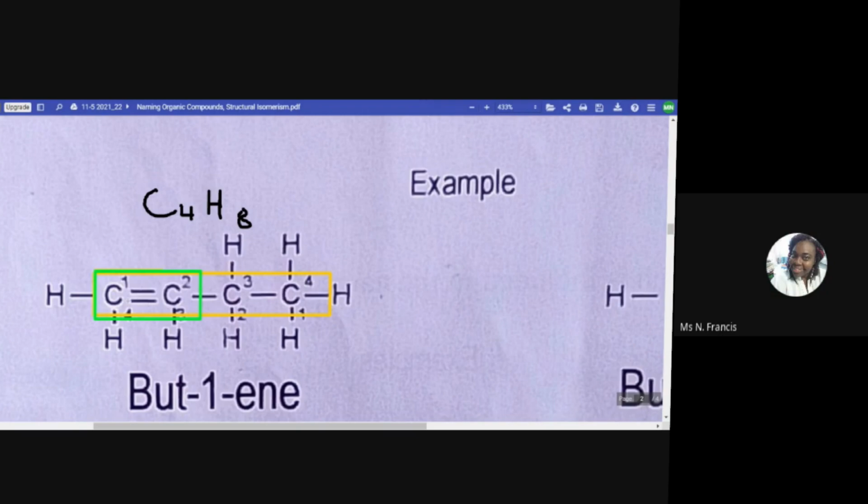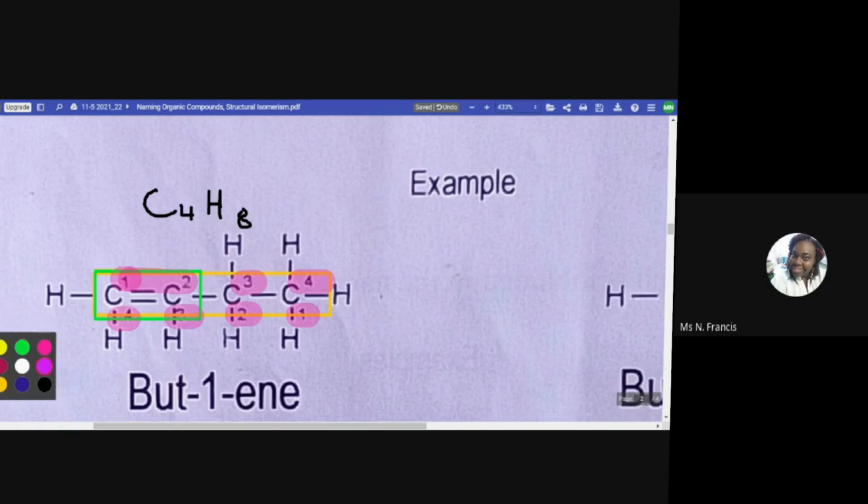But where is the position of my double bond? It's the same thing that we're going to do, ladies. We're going to number. So we have 1, 2, 3, 4. Do the opposite: 1, 2, 3, 4. Look at where my double bond is now falling.